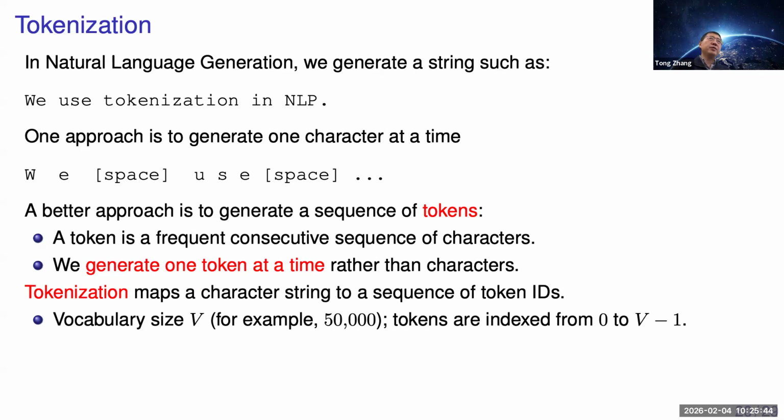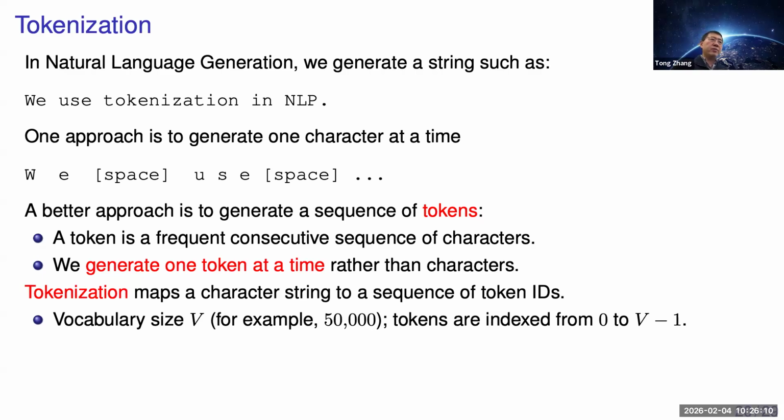They take integers, like a class index into the vocabulary, an integer from 1 to 50,000, for example, if that's your vocabulary size. These are integer indices, and for each one you have a token with a string representation.